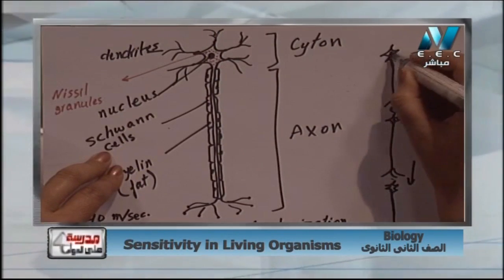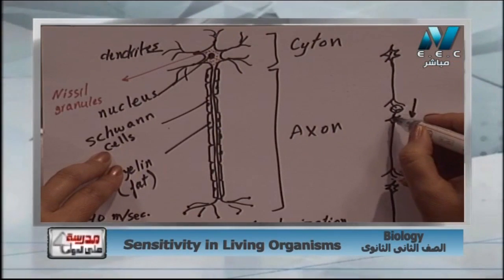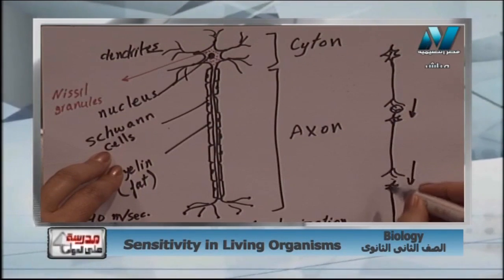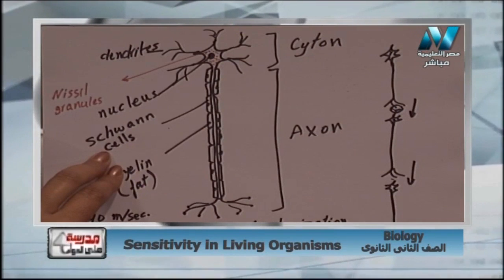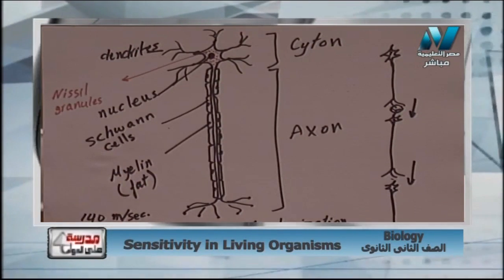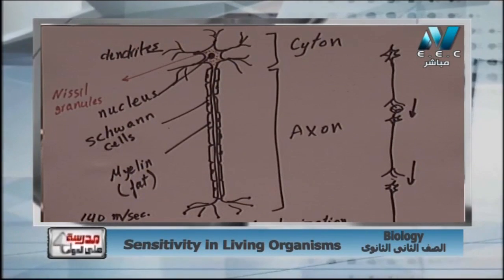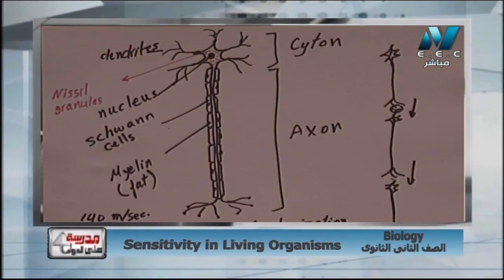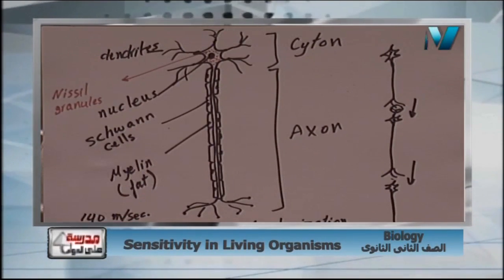So it goes from the cyton, axon, next cyton and its axon, and so on. So this is the drawing of the nerve cell.